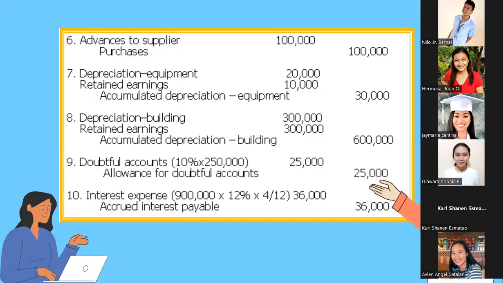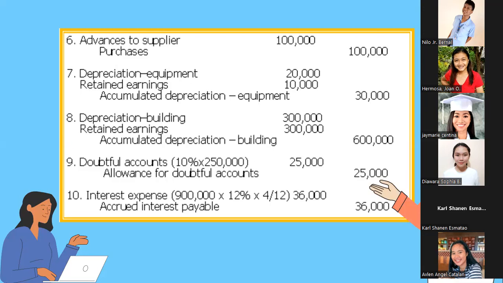So the amount of mortgage payable, which is 900,000, was given in the problem. So our adjusting entry will be debit interest expense of 36,000 and credit accrued interest payable of 36,000. So where did we get that 36,000?